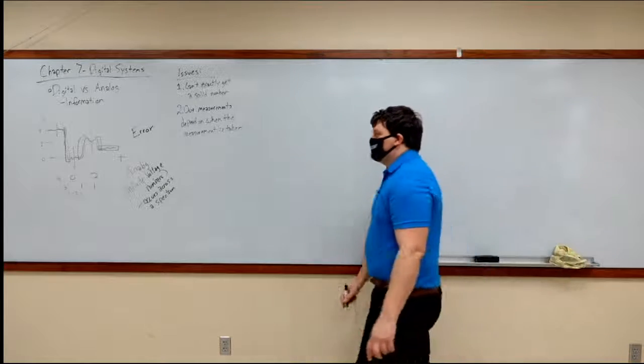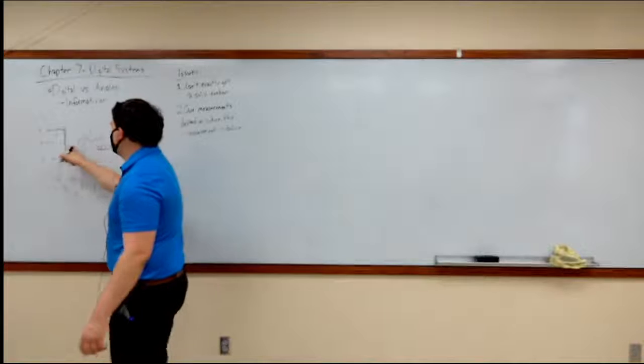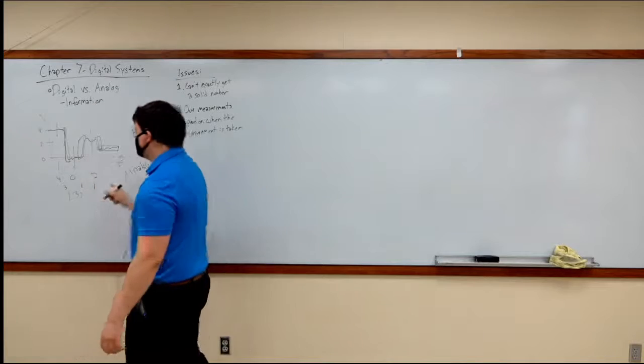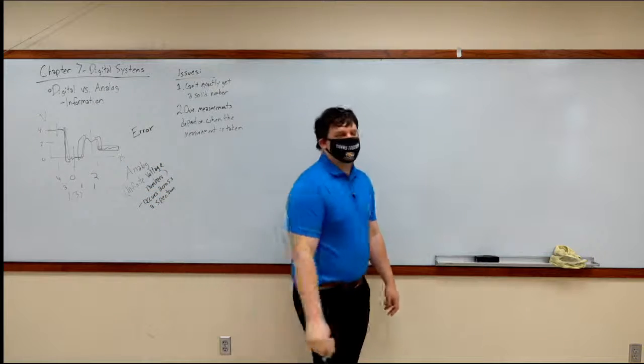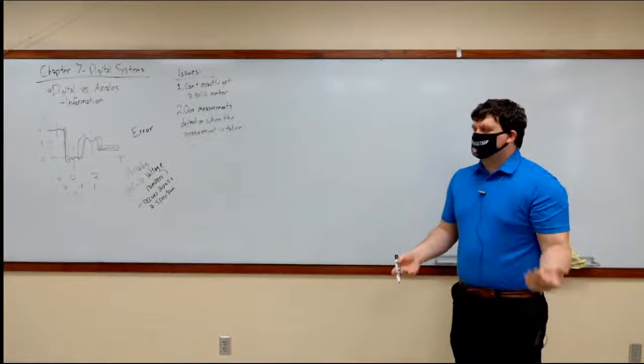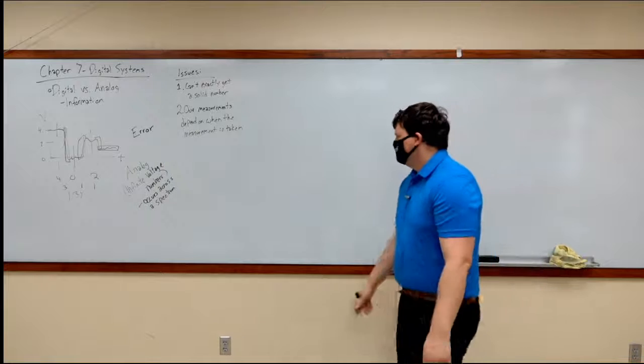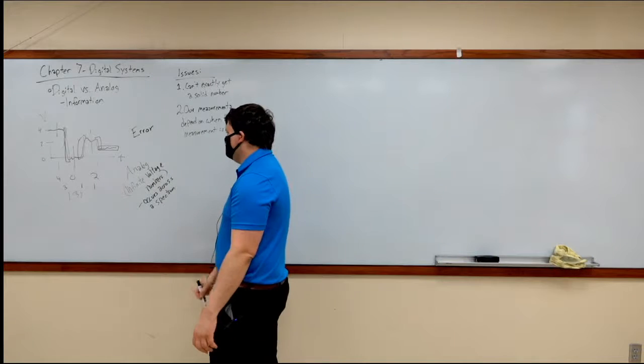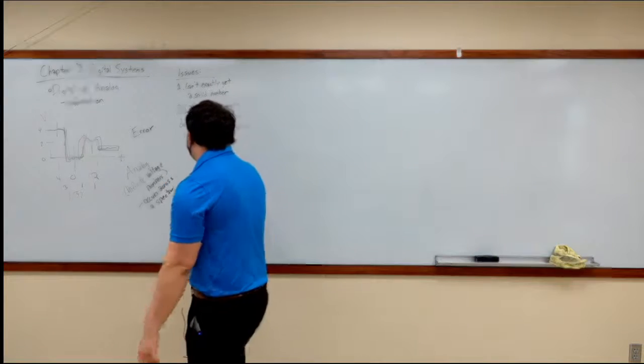If it occurs on this falling edge and this rising edge and this falling edge, as we see, you get 311 instead of 402. And that becomes a problem because you're completely wrong. Okay? And third, it takes time.